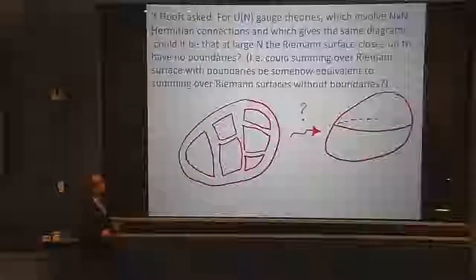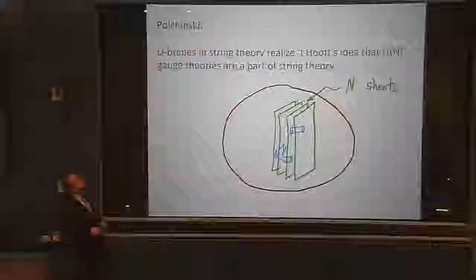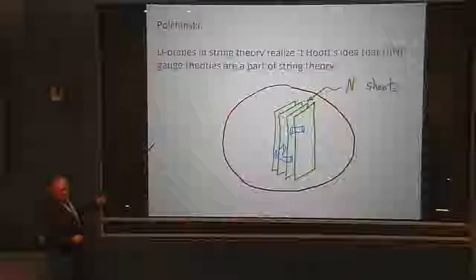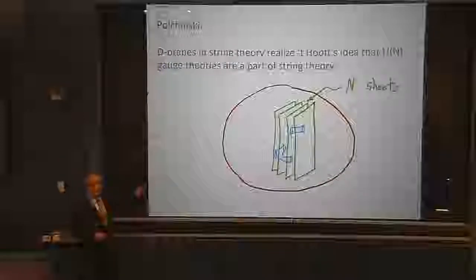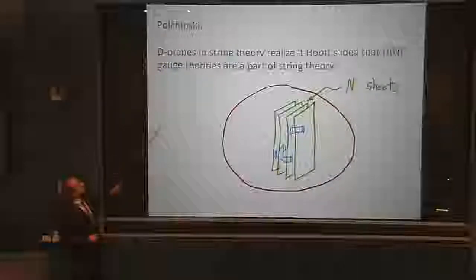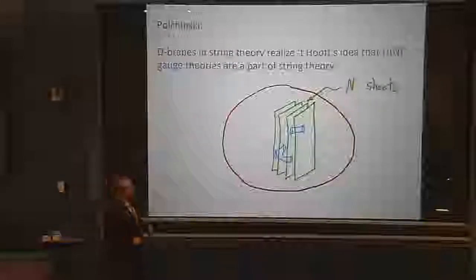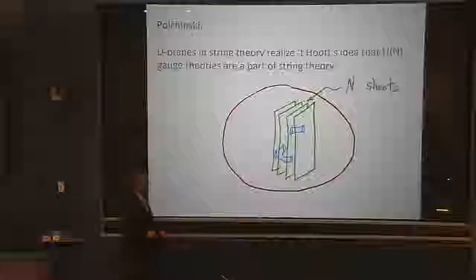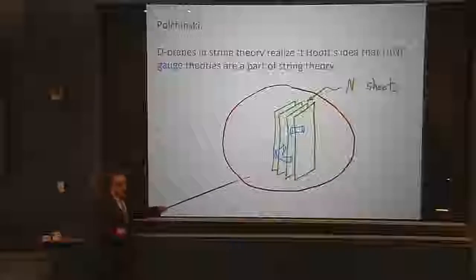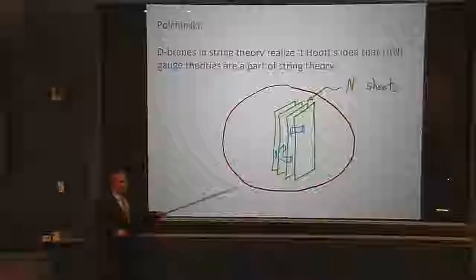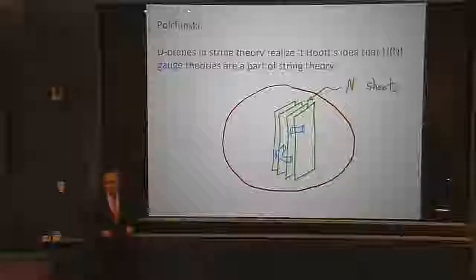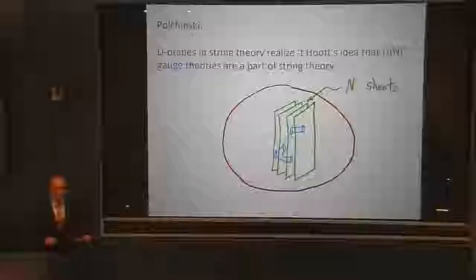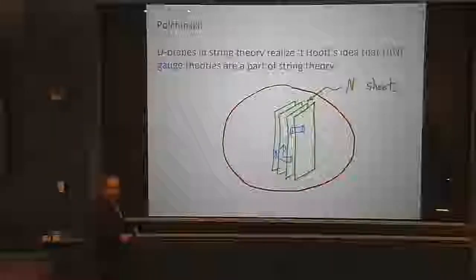But he couldn't really quite succeed until more modern days, where the following pictures helped in finishing that story. So Polchinski noticed that you can actually realize 't Hooft's idea that U(N) gauge theories have something to do with string theory. D-branes are these objects, and they cut open the worldsheet, and that gives you the diagrams of the type that 't Hooft was connecting to gauge theory.